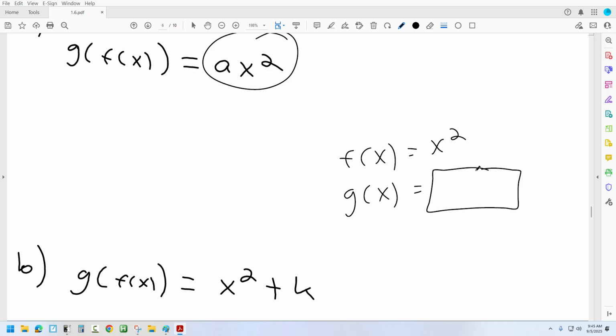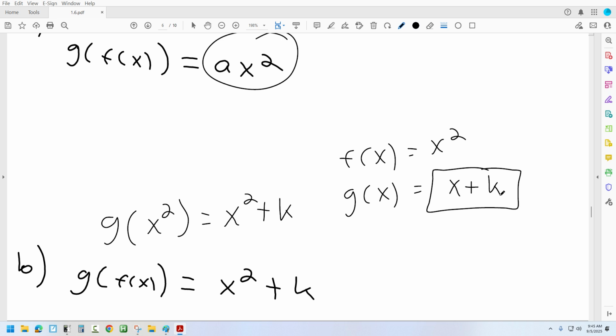What you have to figure out is what would go in that box, so that when I do g of x squared, I end up with x squared plus k. Yep. X plus k. Perfect. X plus k.